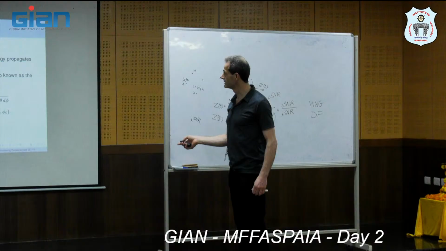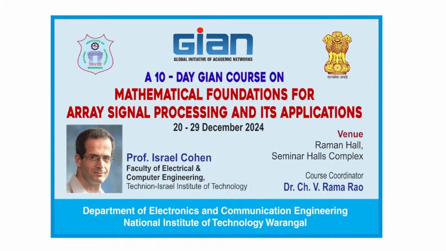Sometimes we want to maximize the directivity factor in some way. So how do we change this formula when we have a near field source?